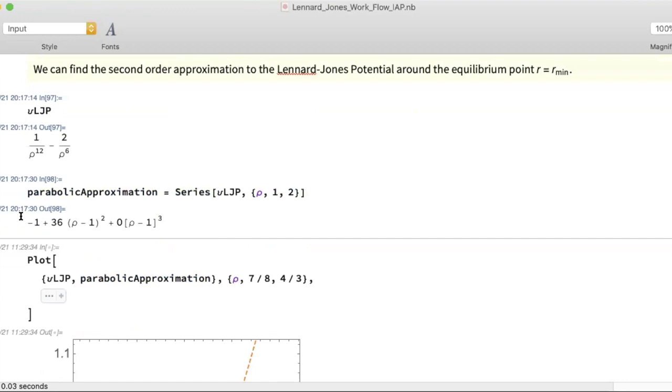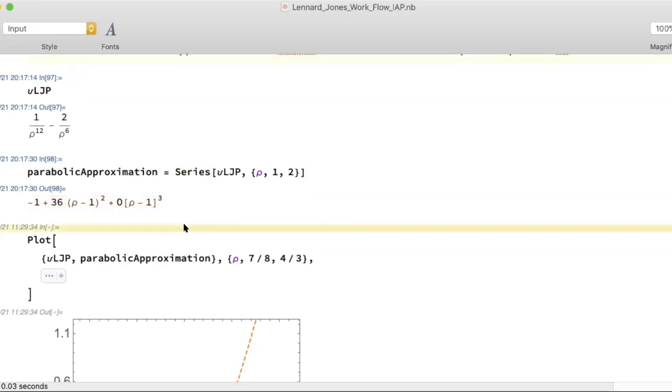Okay, so this is the energy when rho is equal to 1. There's no force when it's sitting at its minimum, which is equal to 1 sitting here. And this is the quadratic approximation to the curve. And then there's something here, which is Mathematica telling me that I still am doing an approximation to the system. It's saying that, yes, there are terms around there that are of order rho minus 1 cubed.